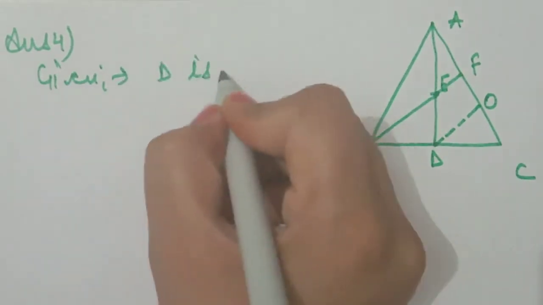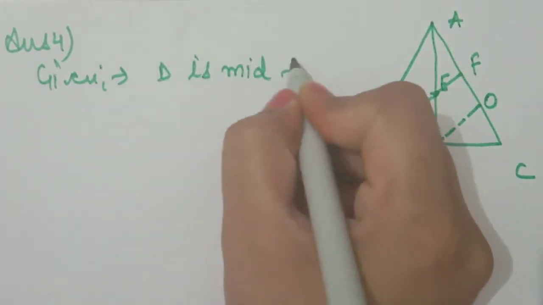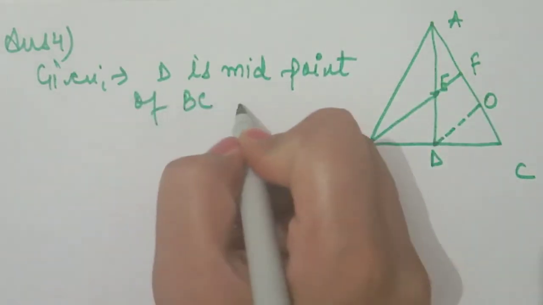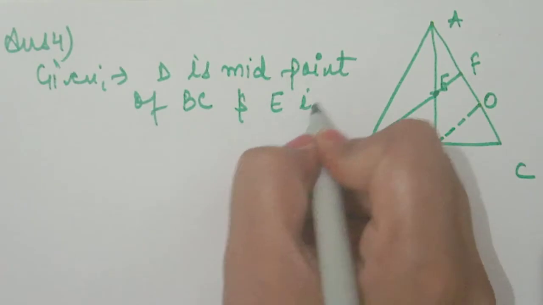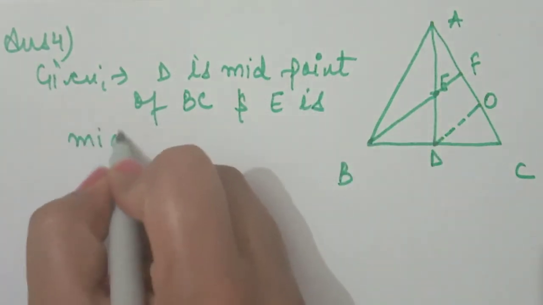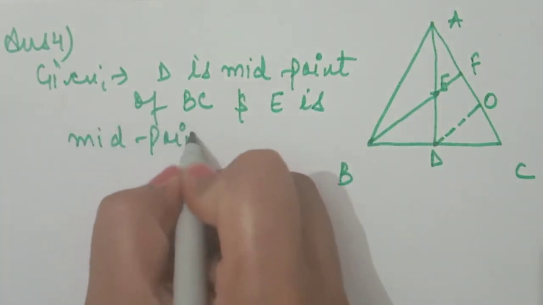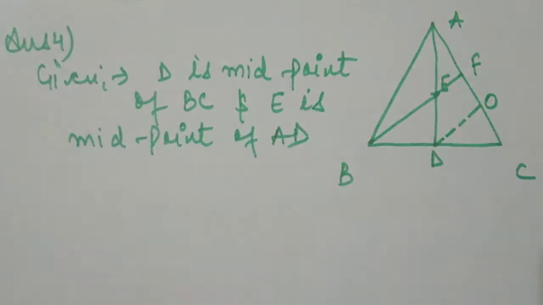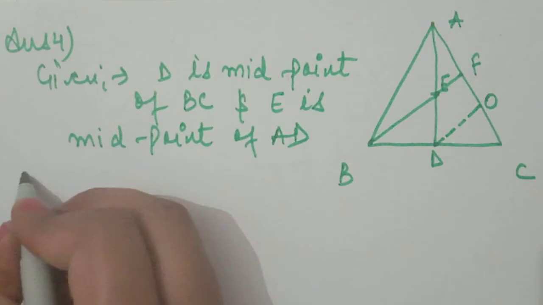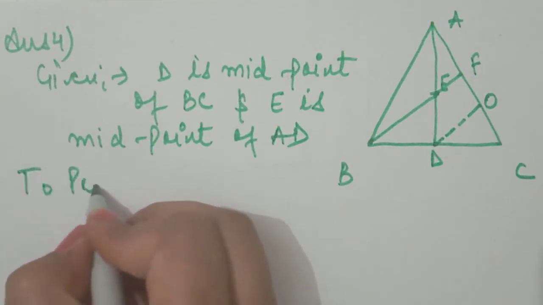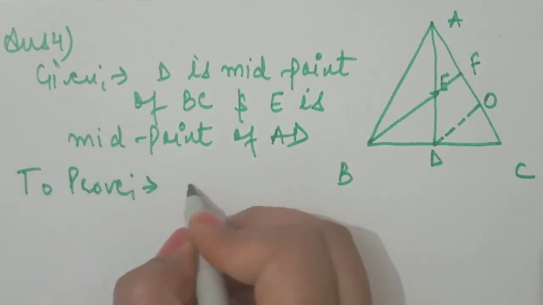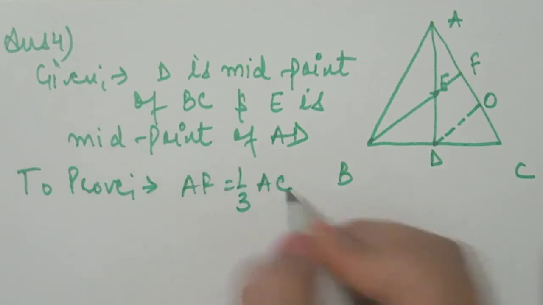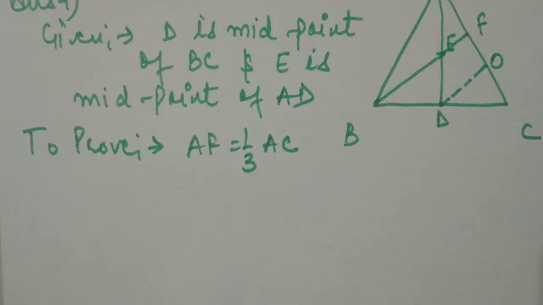D is the midpoint of BC and E is the midpoint of AD. Correct? And now to prove: AF is equal to 1/3 of AC.